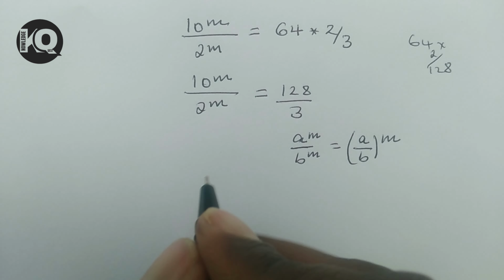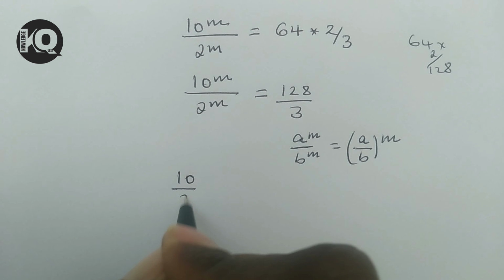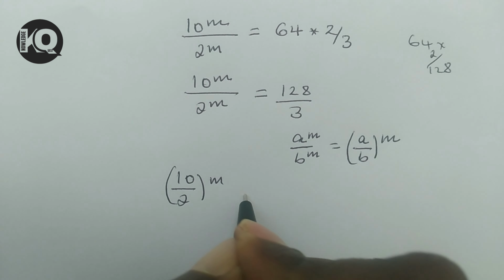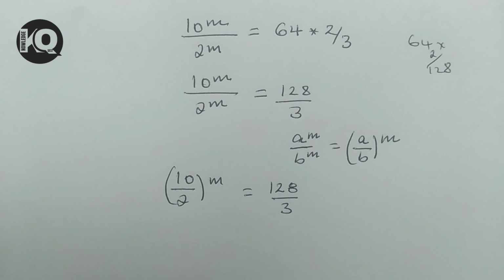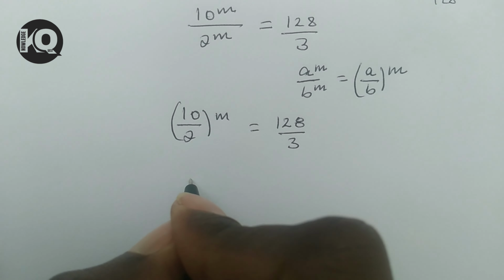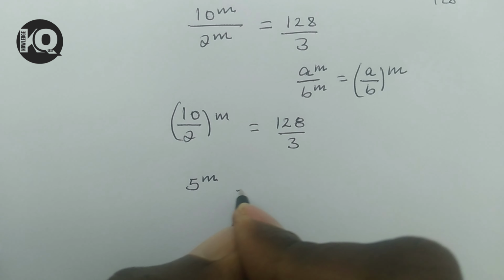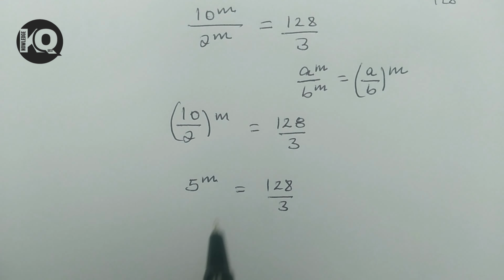So by using this expression, 10 over 2 to the power of m is equal to 128 divided by 3. Now this 10 divided by 2 will be 5 to the power of m, which is equal to 128 divided by 3. So as you have seen here, m is the exponent for this base 5.